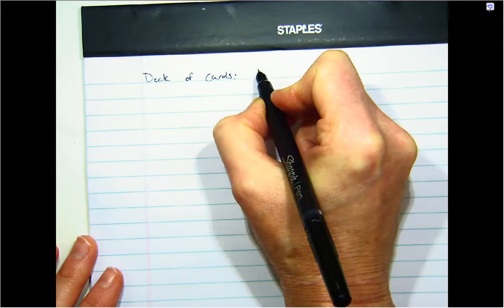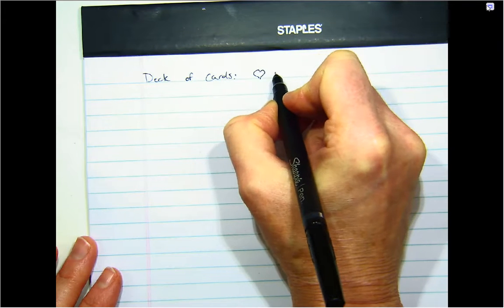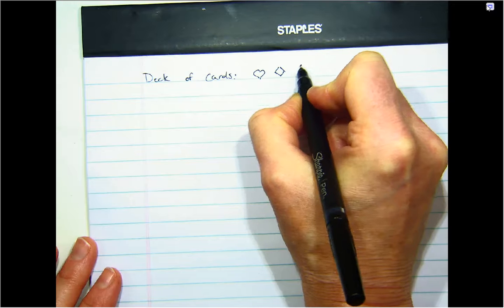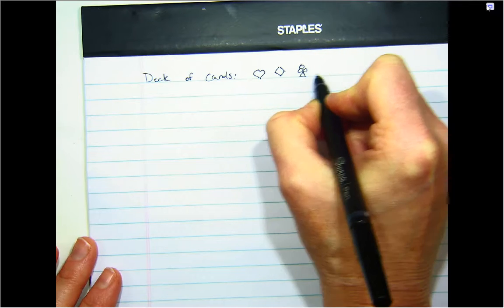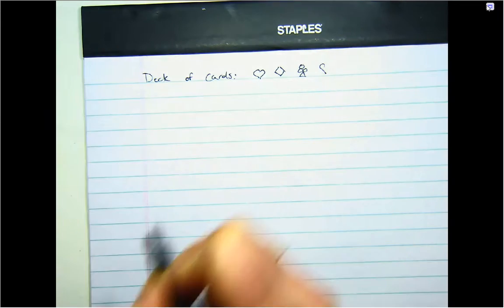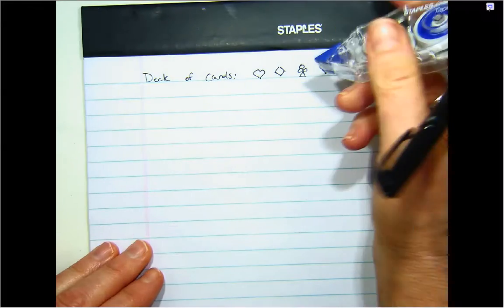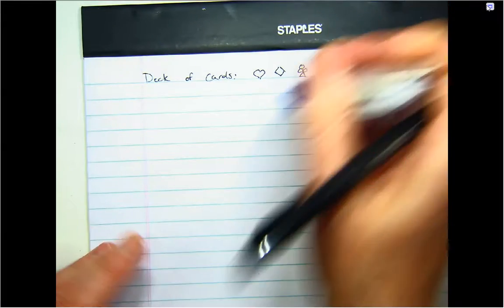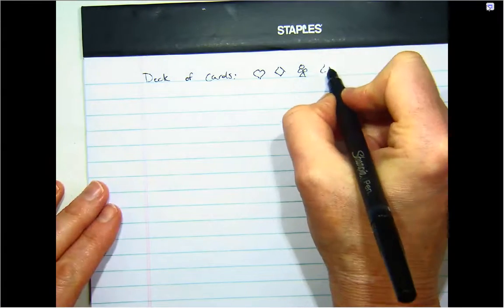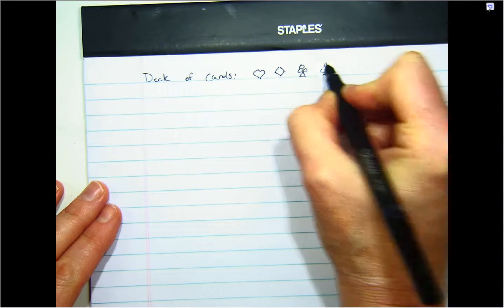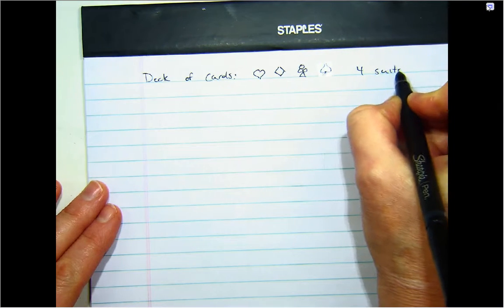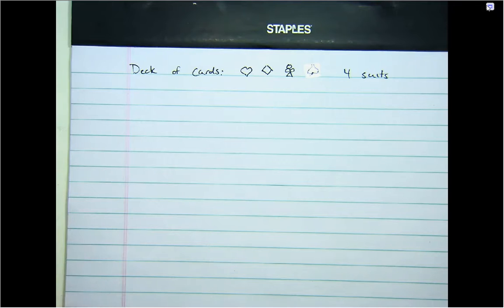Okay, so there are 4 suits in a deck of cards. Hearts, diamonds, clubs, and spades. Okay, 4 suits. And then, who plays cards? How many cards do you have in each suit? 52. 52 total.